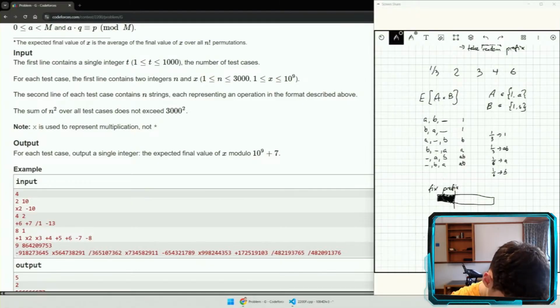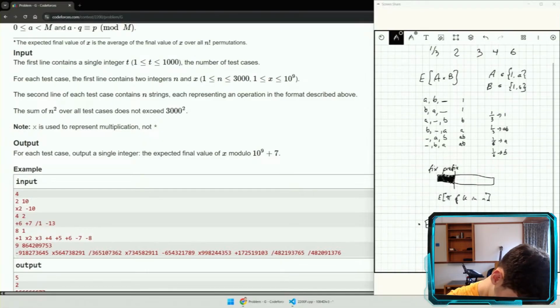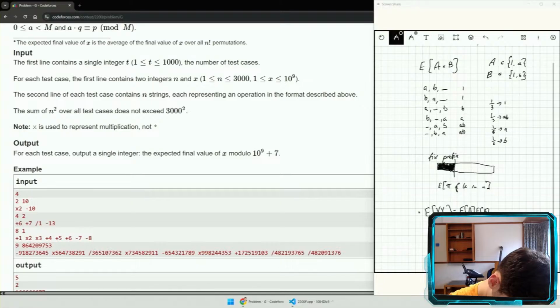So yeah, by the way, what I just said about independence: the expected value of this thing is the covariance of x and y.